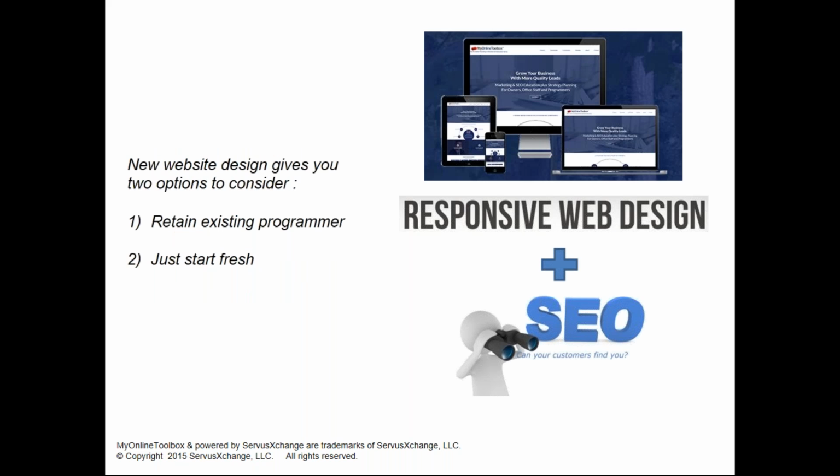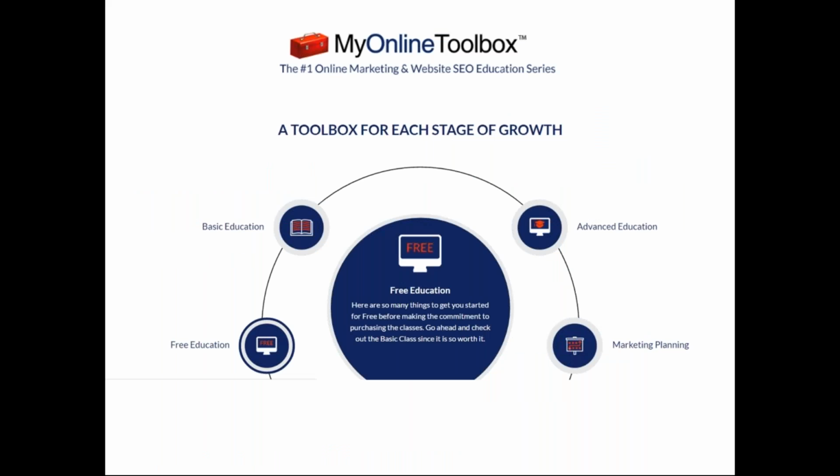So what happens is, we're in a unique time where the technology is changing so fast that you have to combine two specific topics. One is the display of the image you want the outside world to see you as, depending on whether they're on a desktop, a tablet, or even a smartphone. And then combining that image with the opportunities with SEO to be found in the first place. Again, SEO is search engine optimization.